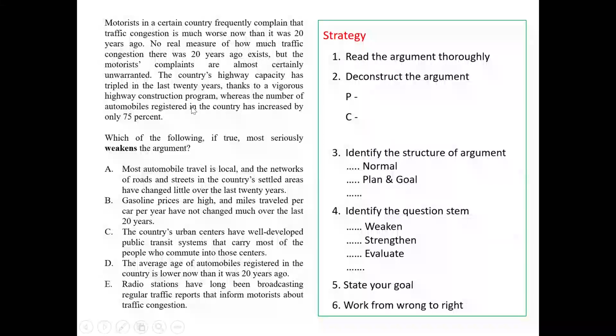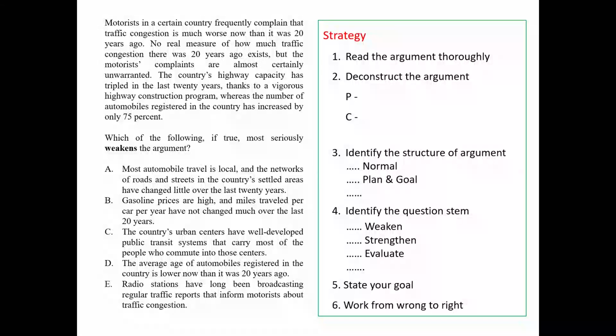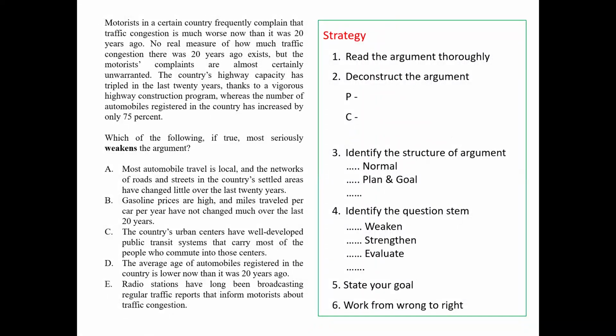So whenever you are given an argument like this, first of all, you have to understand that a lot of information is unnecessary. They give you a lot of information so that you miss what is the conclusion. If you don't understand the conclusion, you end up picking the wrong answer. So after you read the argument thoroughly, you have to learn one skill, which is deconstruction skill.